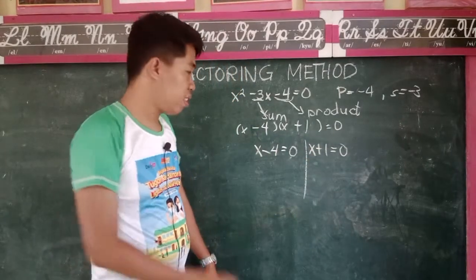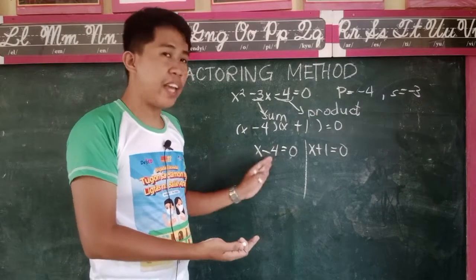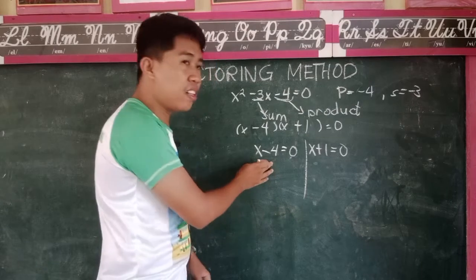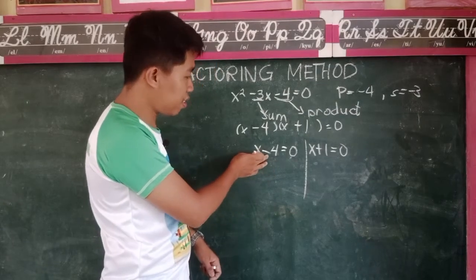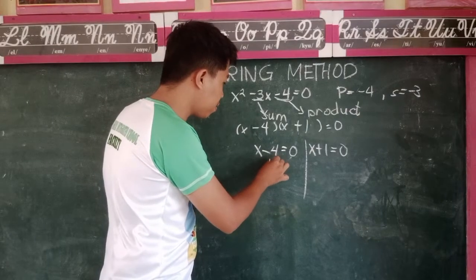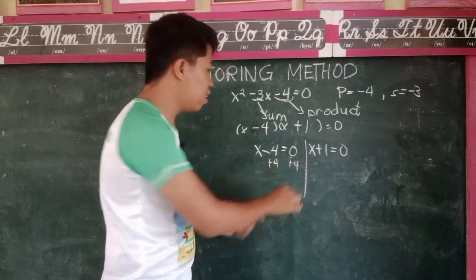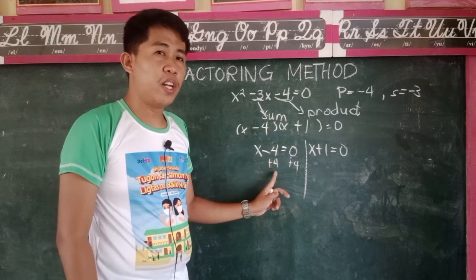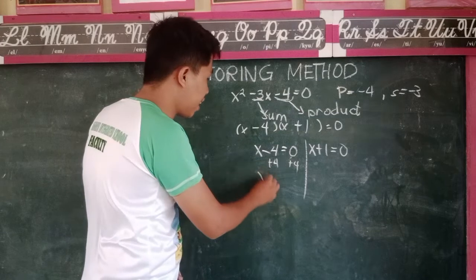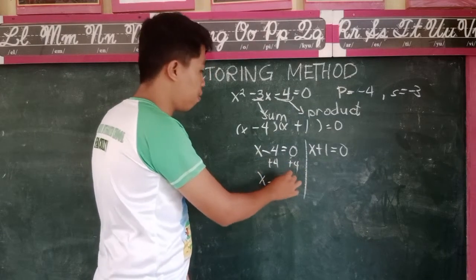Let's simplify. To make the left side just x, let's add positive 4 to make this x plus 0, that's x. So plus 4, then plus 4 here. Whatever you do to the left side, you also do to the right side. So that's x is equal to positive 4.